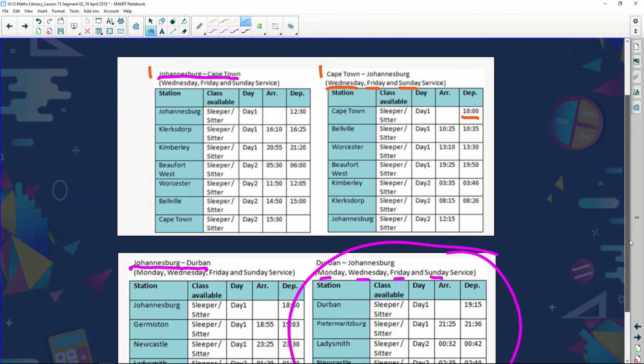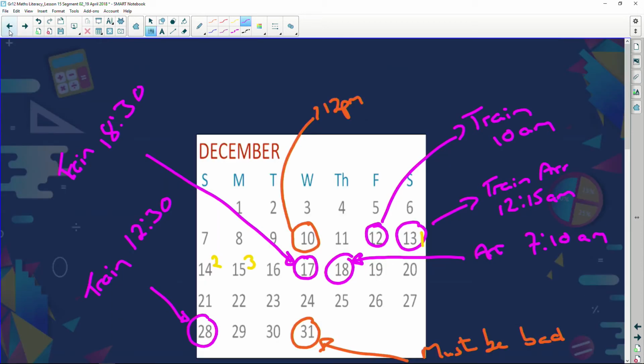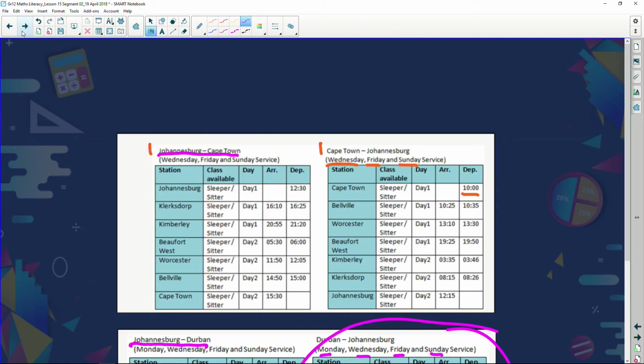So the next day possible before the Sunday was the Friday. So if we look at the Friday, he's going to depart on the train and he's going to arrive the next morning as well. What time does the train depart and what time does it arrive?